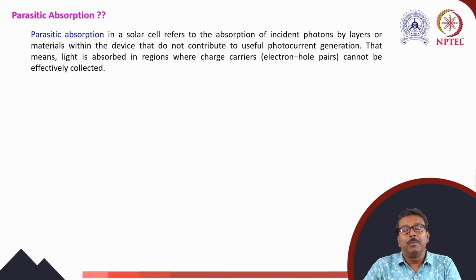We need buffer layers to reduce defect states, that is passivation. We may need anti-reflection coating layers, which help to reduce the reflectivity of the front surface. In this way, we may need some layers which are not generating effective carriers, that is, carriers which will contribute to the photocurrent.